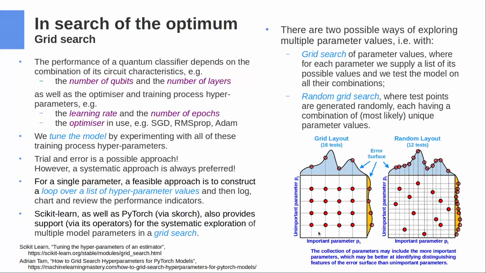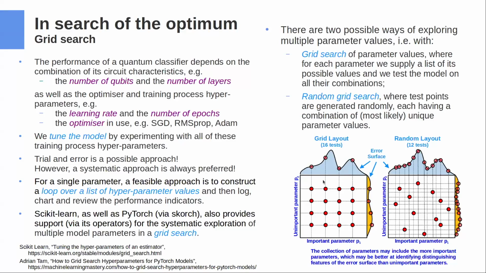There's another way of doing it. Instead of doing it in equidistant intervals, we could make a random choice of different parameter combinations. And that actually reduces the number of combinations and gives you a better coverage of points on your cost landscape.